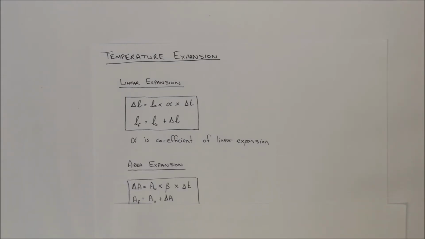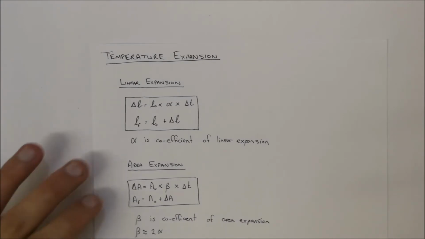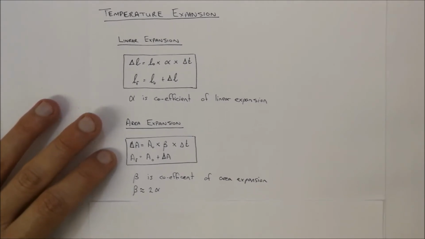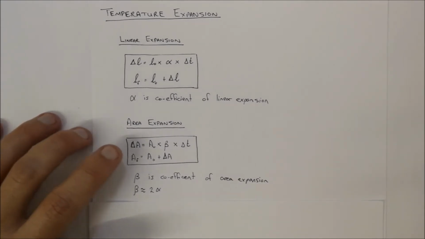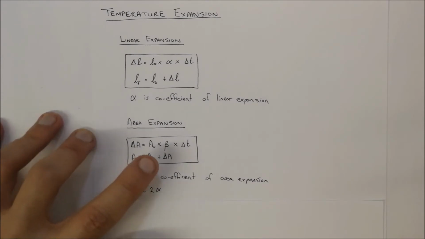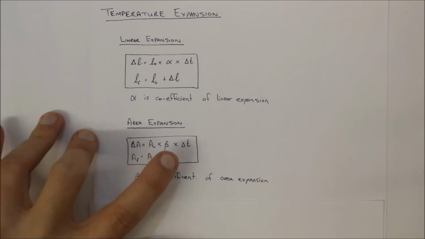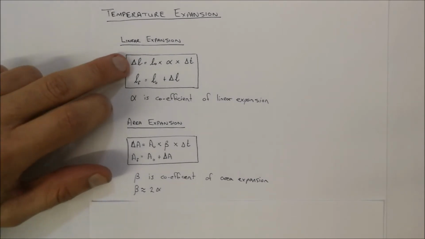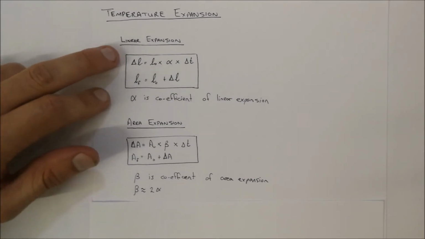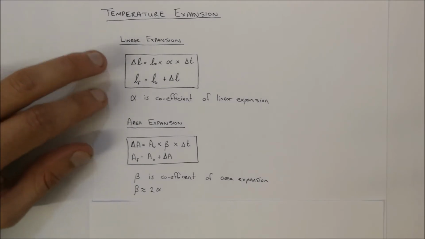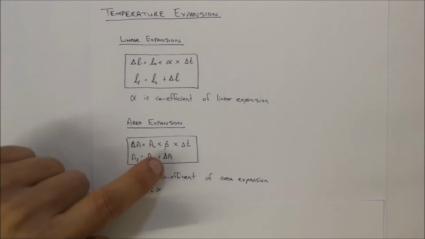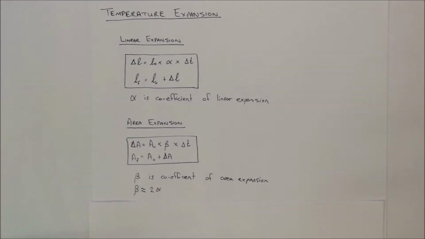Now when it comes to area expansion, you will notice that the equations are very similar. With area expansion, the change in area is equal to the original area multiplied by beta multiplied by delta T. It looks very similar to the linear expansion equation. The only difference is that it's now change in area instead of change in length, and we've got beta instead of alpha.